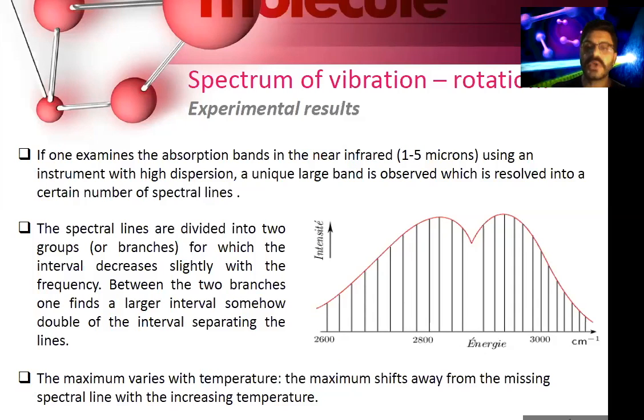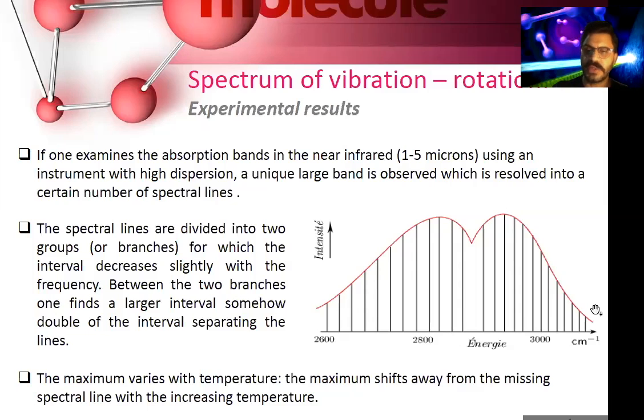Experimentally, in contrast to what we have seen in vibration alone and rotation alone, in the spectra of rovibrational transitions, that's the way it's said, we will see a sort of band. So you would see this red line, which is an envelope.